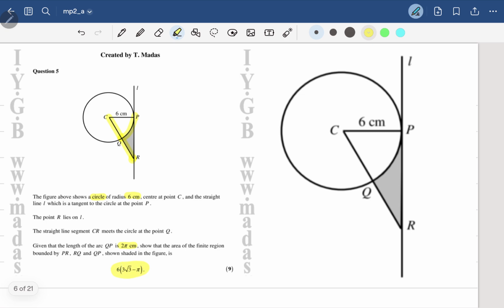So we have to prove that this shaded region is equal to this result.